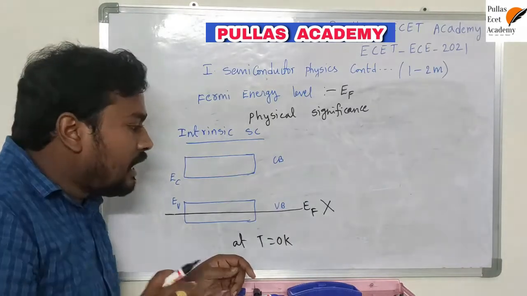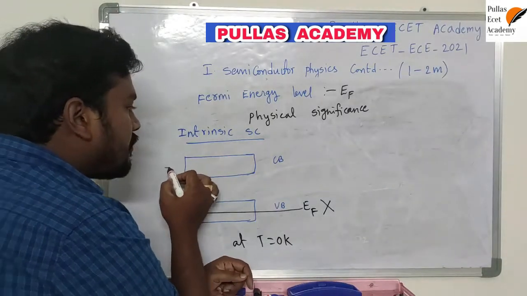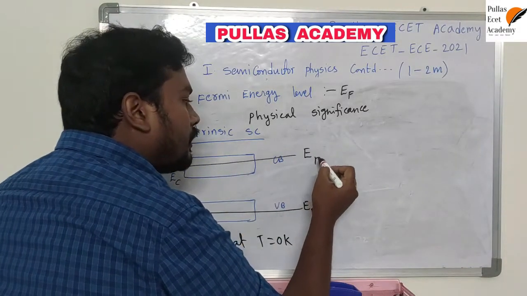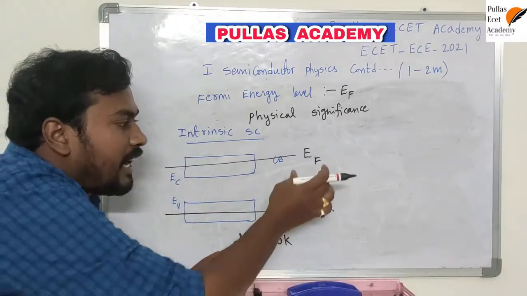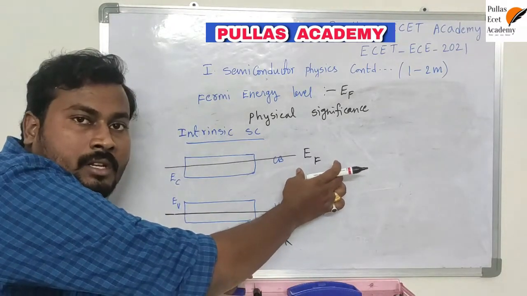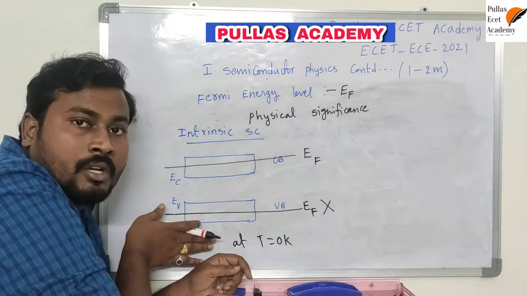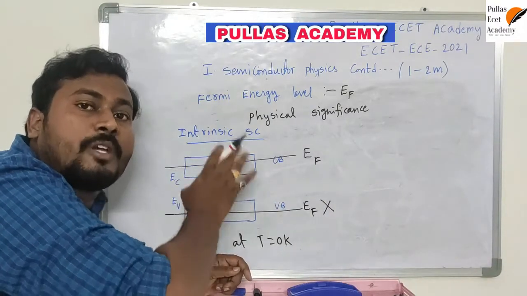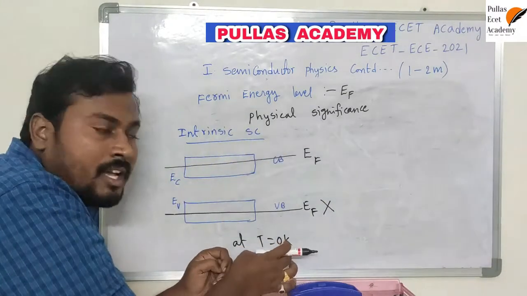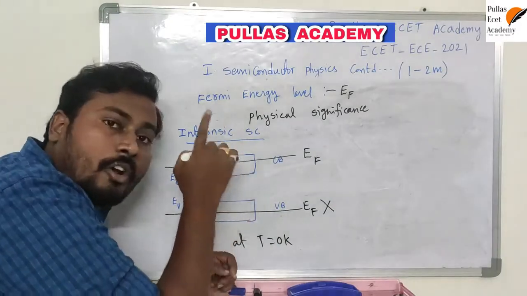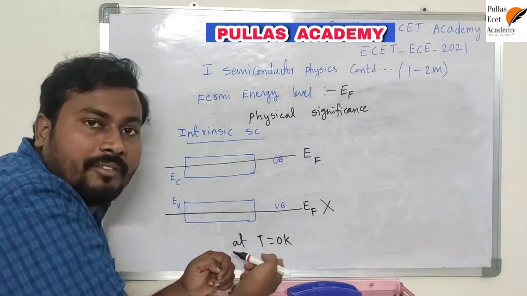Okay, can you locate it in the conduction band? If you locate it here, below which all the energy states should be occupied at T equal to 0 Kelvin, but these energy states are unoccupied at T equal to 0 Kelvin.